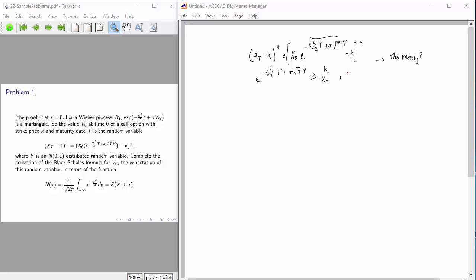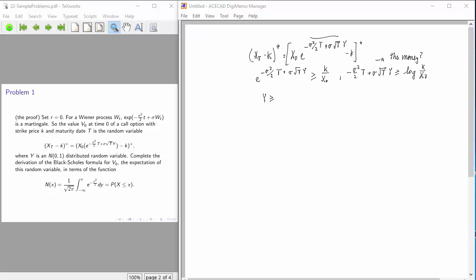I'll begin by taking the logarithm of both sides. So the exponent on the left-hand side is minus sigma squared over 2 times t plus sigma root t times this random variable y. That now has to be greater than or equal to the natural log of k over x0. And now I can solve this for y.